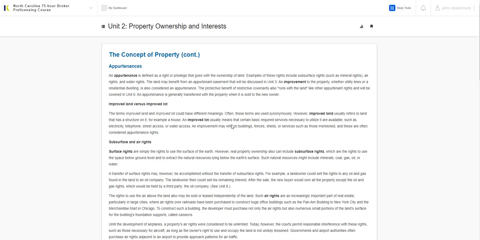I wonder what happens when you have water that is on your land but is flowing into different land. And then we have an improvement. I do like my improvements because these are things that you can add to the property. Utility lines, residential dwelling, and they're also considered an appurtenance, but they are an improvement. These are things that you added, but they are an appurtenance.